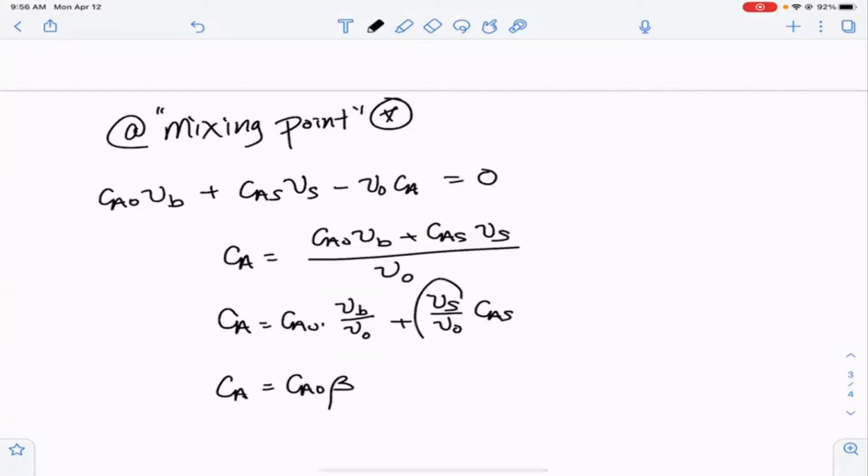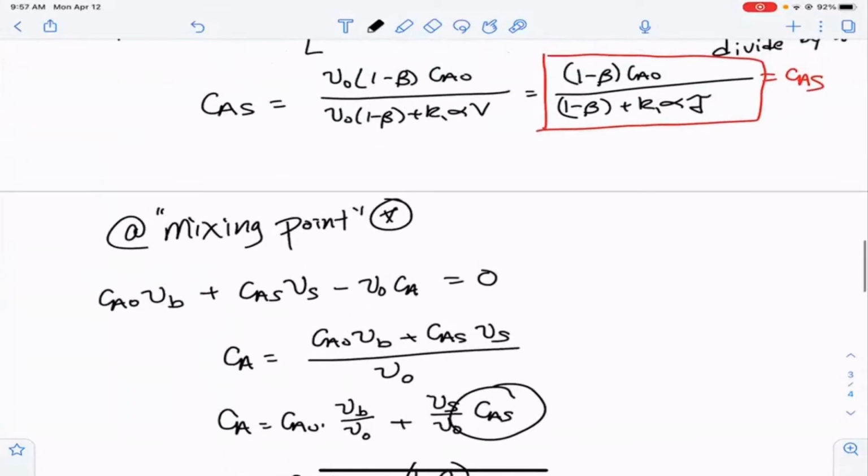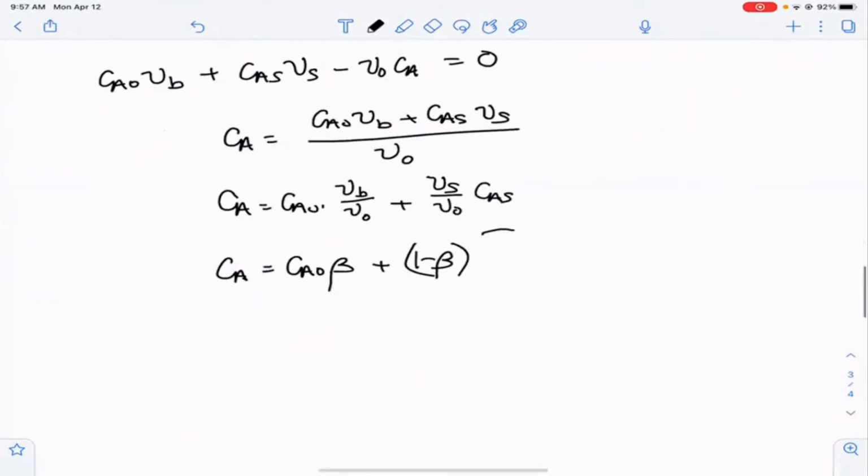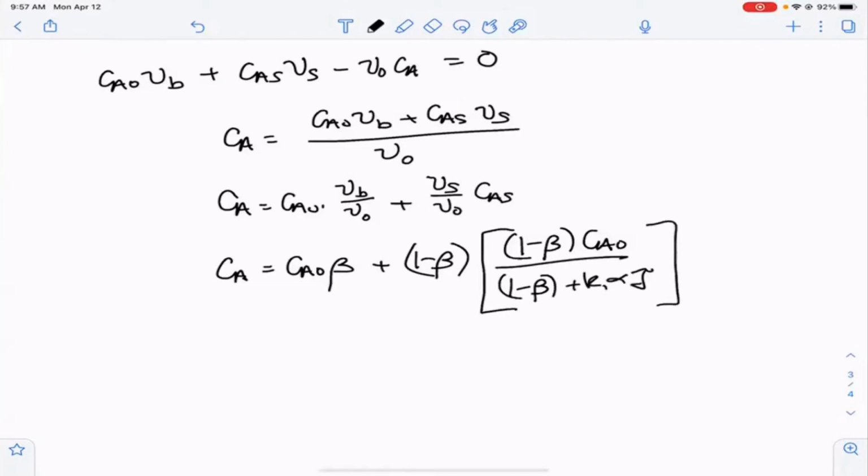And VS over V0 is the portion that doesn't go through bypass, that's 1 minus beta. Then times CAS, which is what we actually solved for just a moment ago. So that becomes 1 minus beta times 1 minus beta times CA0 divided by 1 minus beta plus K1 alpha times tau.